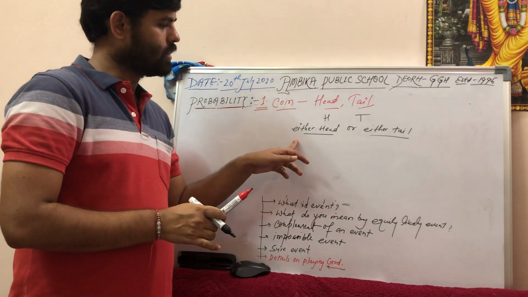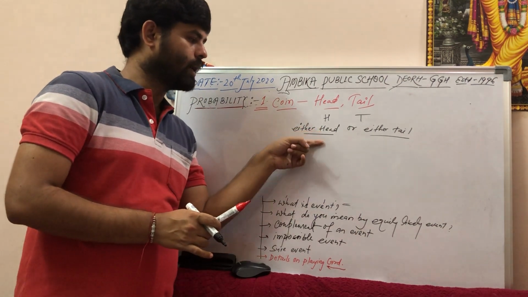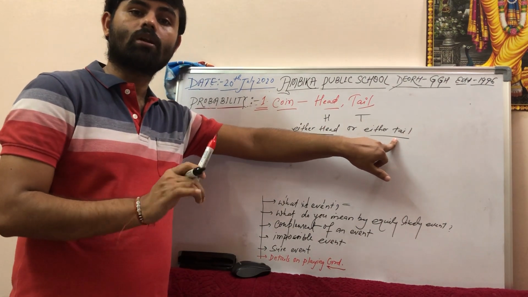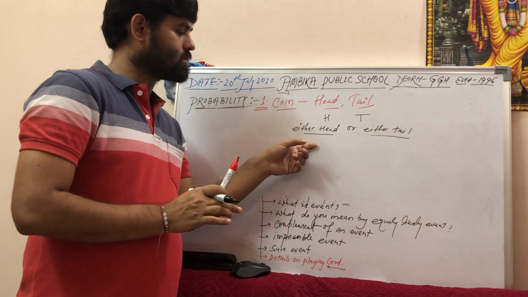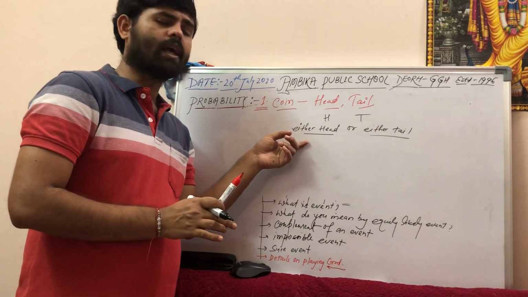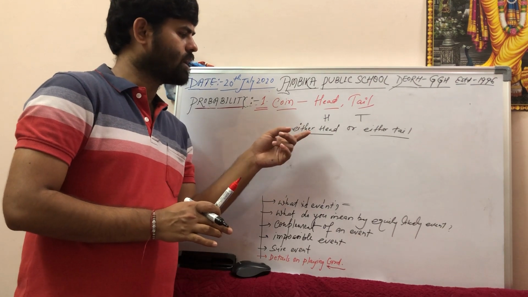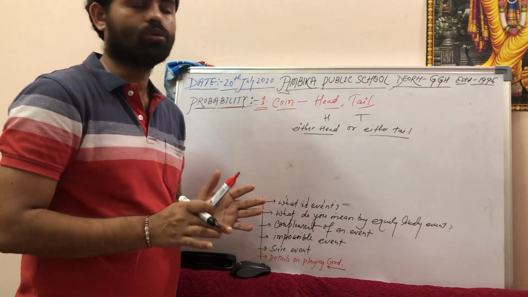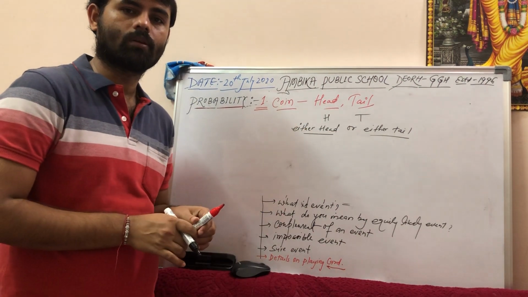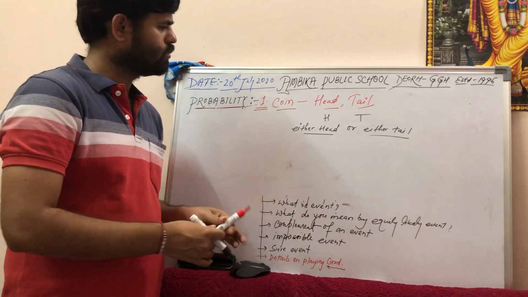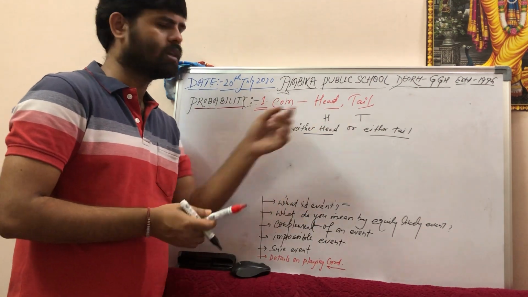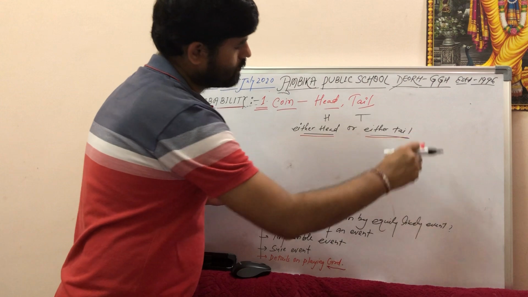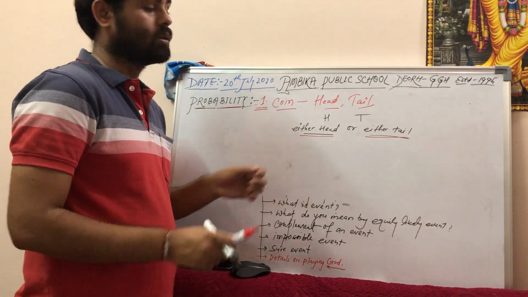Not possible. That means the probability of head coming and the probability of tail coming are not dependent, and they are equally likely. It can come head or it can come tail. I am not going to assure you, but both have an equal chance. If I am tossing a coin, I am not sure whether head or tail will come. So the chance of head or tail is equal.